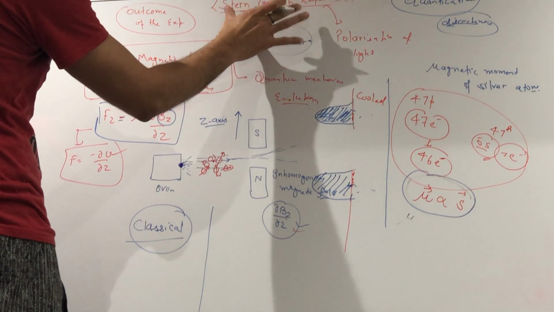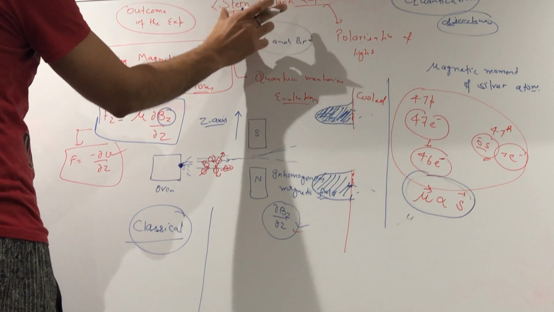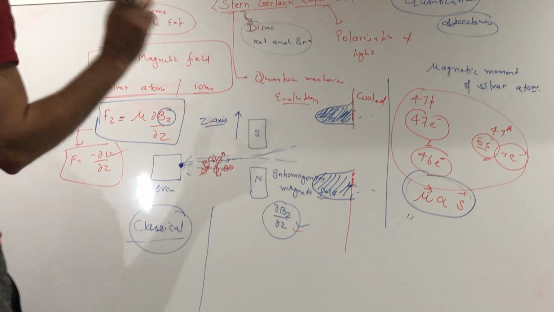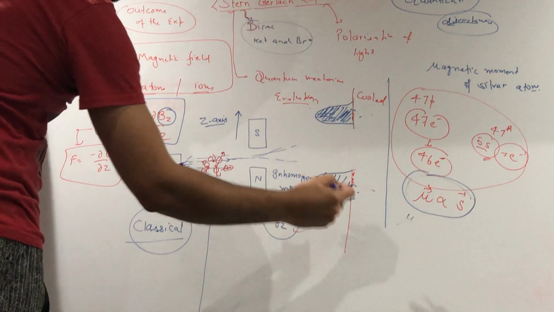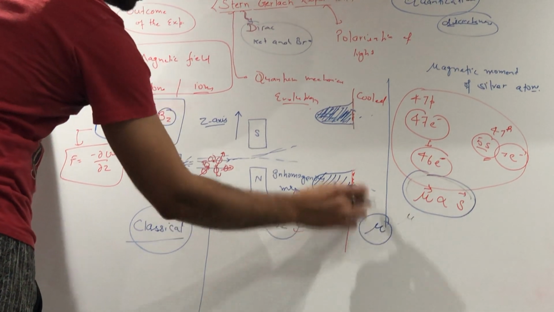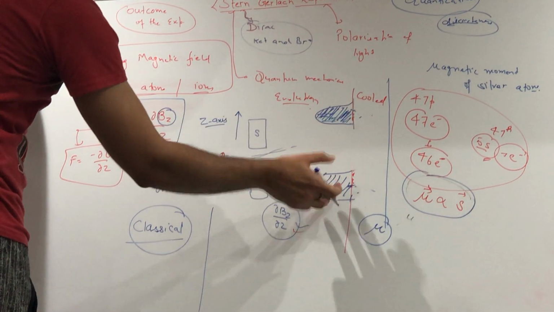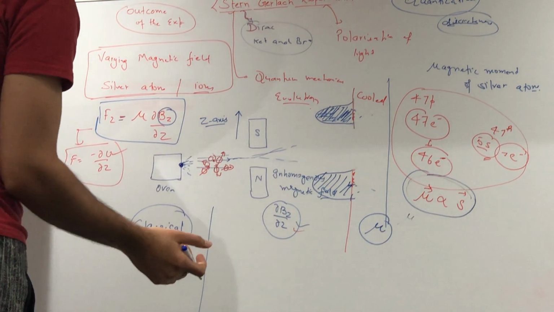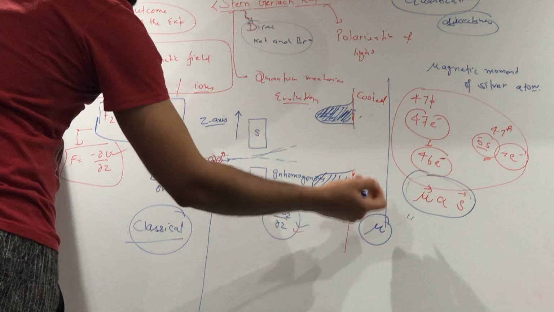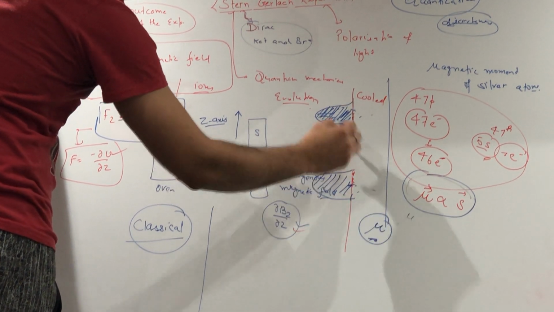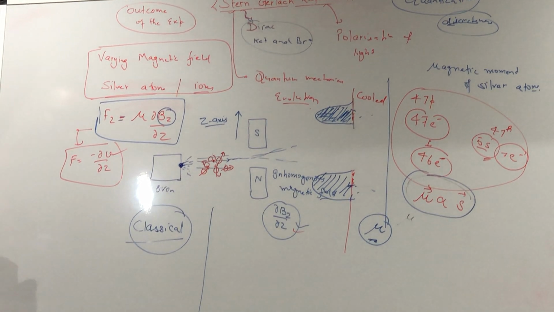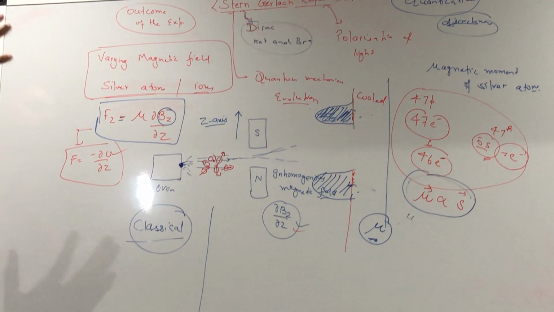This is the main purpose: that electron spin is quantized, and the electron has two different spins, spin up and spin down. Depending upon the value of mu, the electrons are deflected in different directions, right? So this mu has only two values. Depending upon that value of mu, the electrons are deflected, right? So this is the main purpose of the Stern-Gerlach experiment.